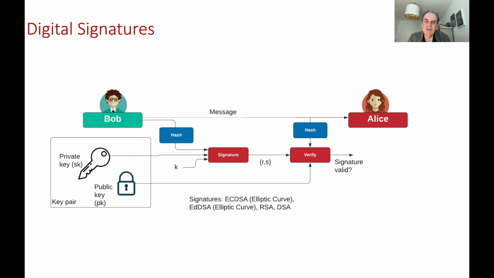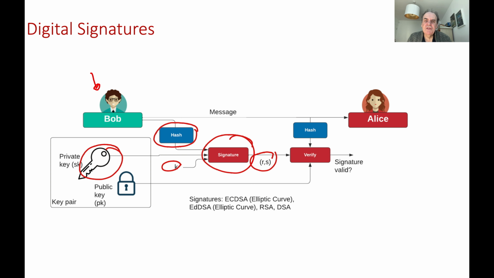We can also use it in terms of signing. So in this case, Bob is going to sign a message. So he takes a hash of the message, and then he uses his private key and typically creates a nonce value or a random value, and then creates a signature.